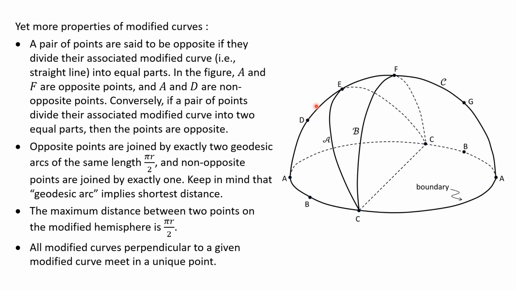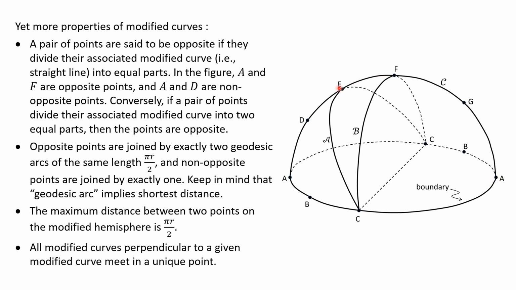They have one geodesic arc between them, this one I'm pointing to. There's another one, D to A to E, but that's longer, and we define geodesic arc to be the shortest path. So by definition, this other one, D to A to E, is not a geodesic arc.